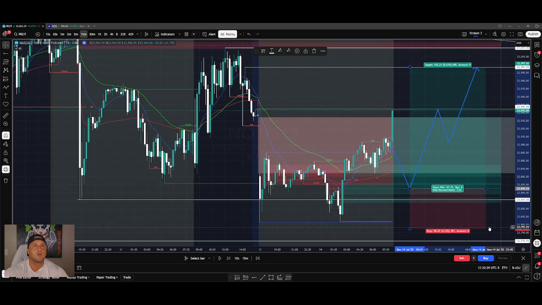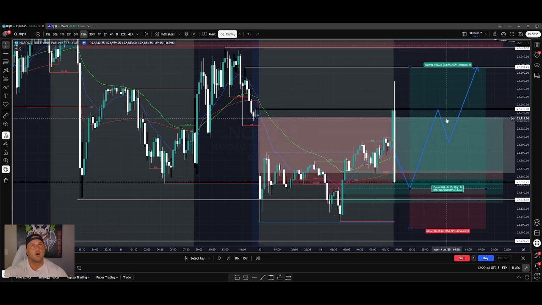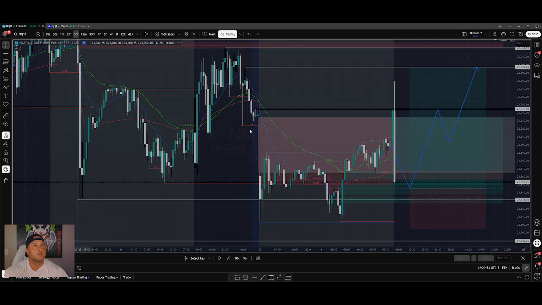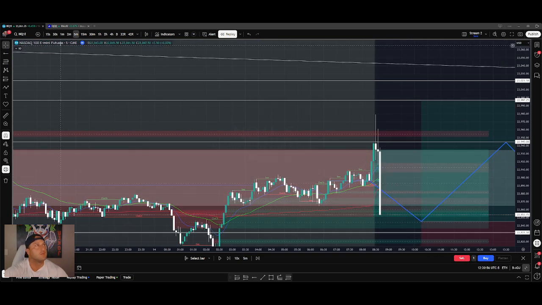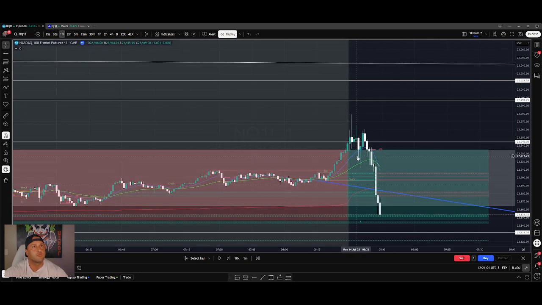Okay, so as we know, once market opened, we ended up getting a massive rejection off of that first level of liquidity, which was 22,945. So if we drop down to the 5 minute time frame, I actually think we entered short off of the 1 minute time frame.